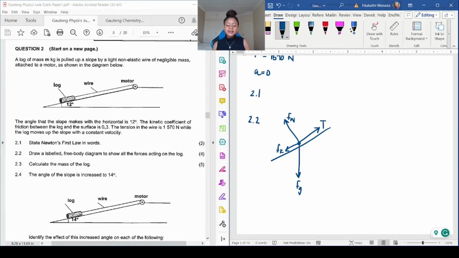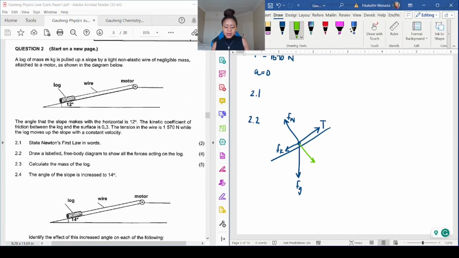So you can either leave it there, or you could have chosen to take your force of gravity and put it in its components. Let me use a different color for that. You're not going to get extra marks for putting it in its components unless from the get-go you do not put the gravitational force going down.